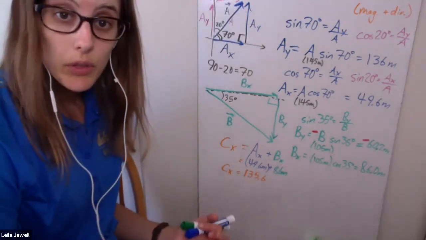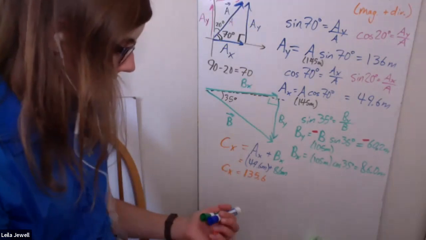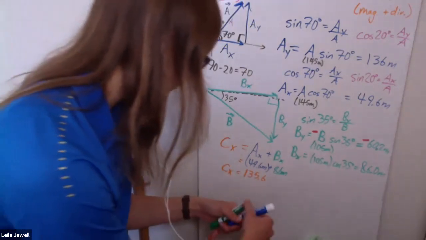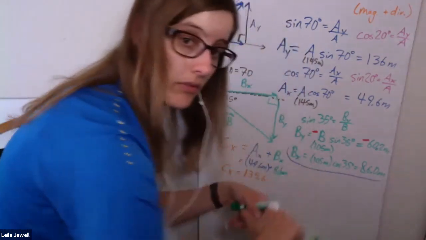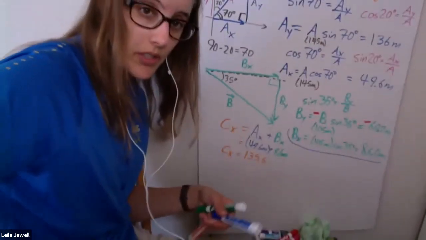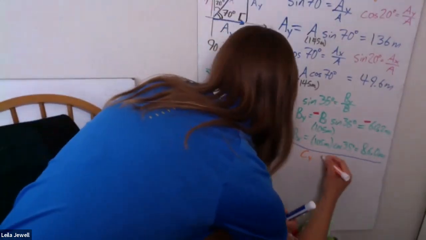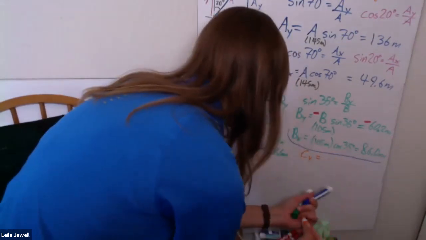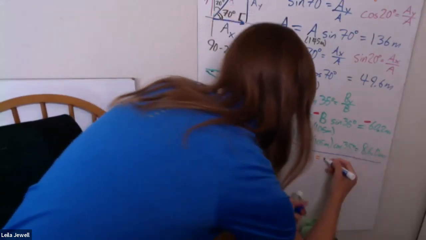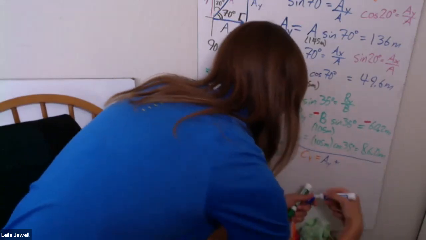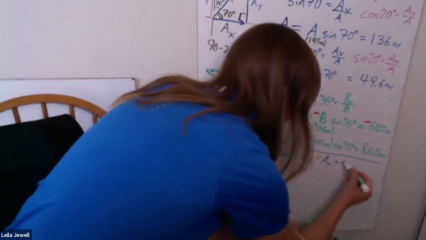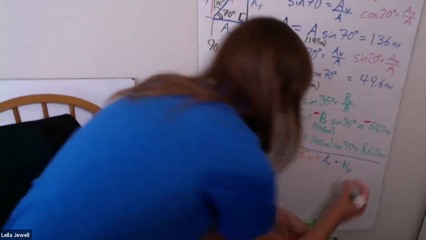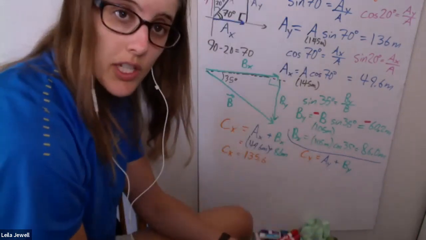What about the y component? Well, it's going to be the same procedure, right, of adding the y components. C sub y is equal to my A sub y plus my B sub y. You could also argue that this is where we could put in the negative sign on the B sub y, but since we've already accounted for it, I'm just going to focus on keeping it positive.